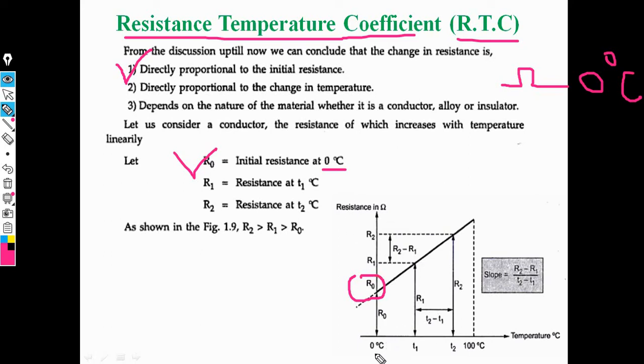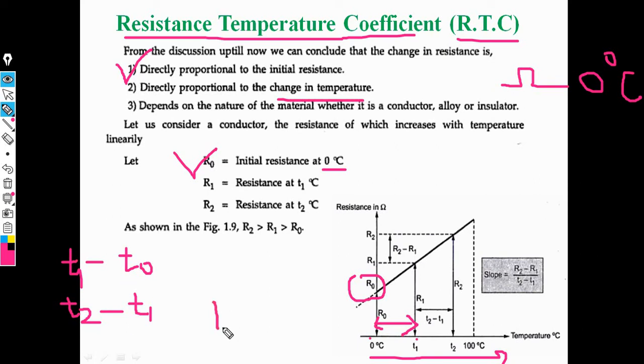Okay, now here these are the temperature characteristics. This is the change in temperature: first is final minus initial, that is T1 minus T0, where T0 is 0 degree Celsius. Then second is T2 minus T1. This is the change in temperature. Then again T3 minus T2.